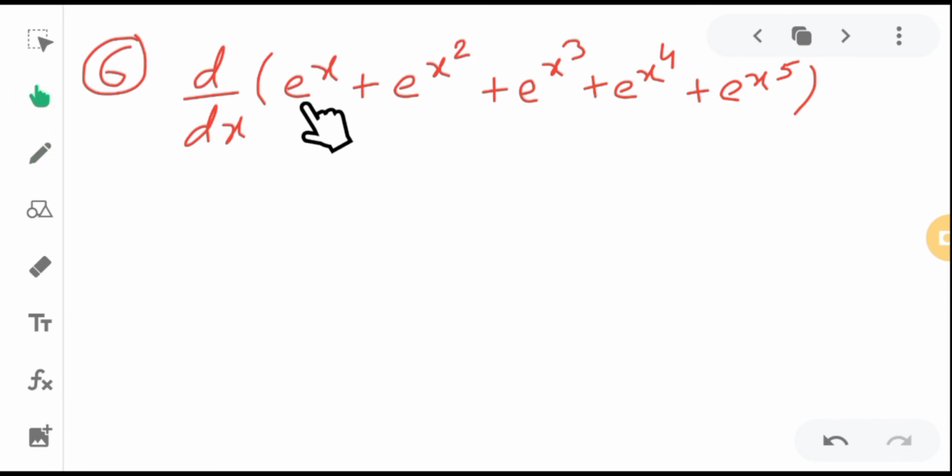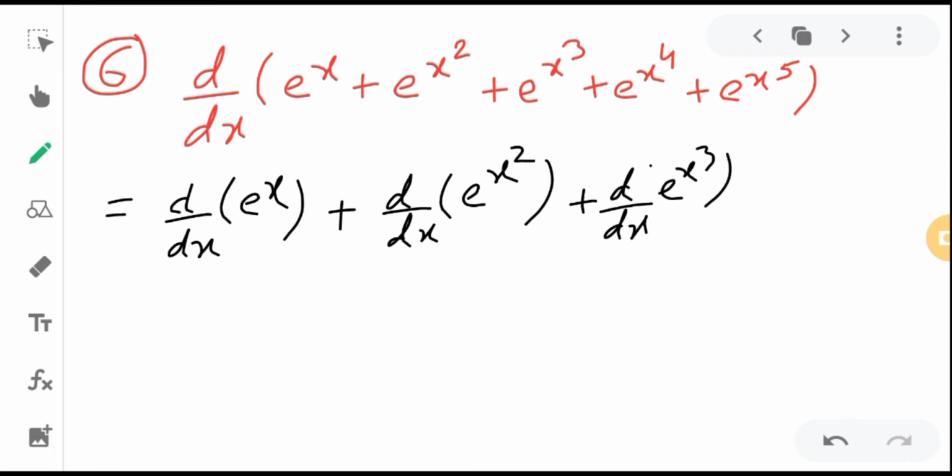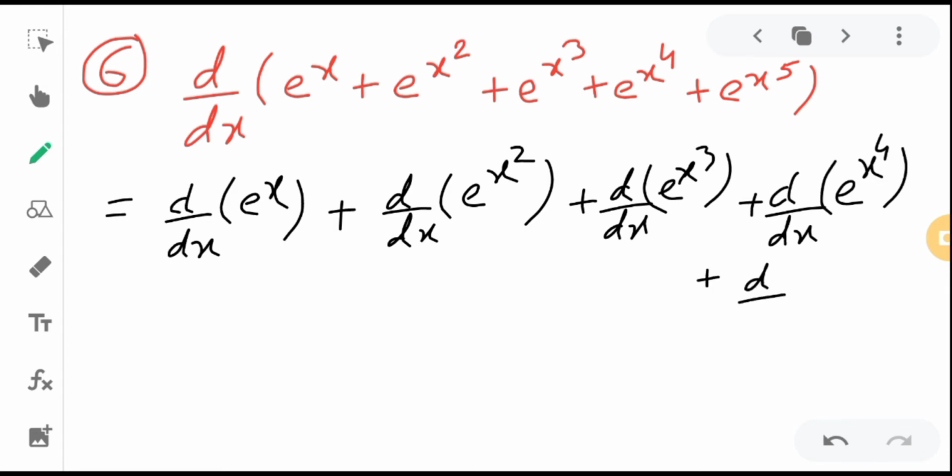Since there are 5 terms separated with plus, I will separate each differentiation using the algebra of derivatives: derivative of e to the power x plus derivative of e to the power x square plus derivative of e to the power x cube plus derivative of e to the power x4 plus derivative of e to the power x5.